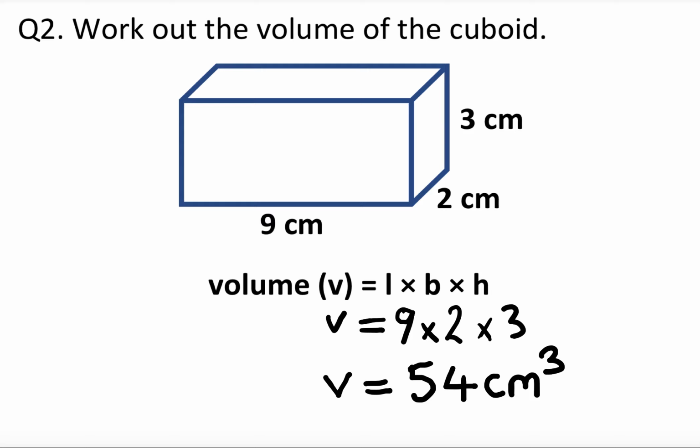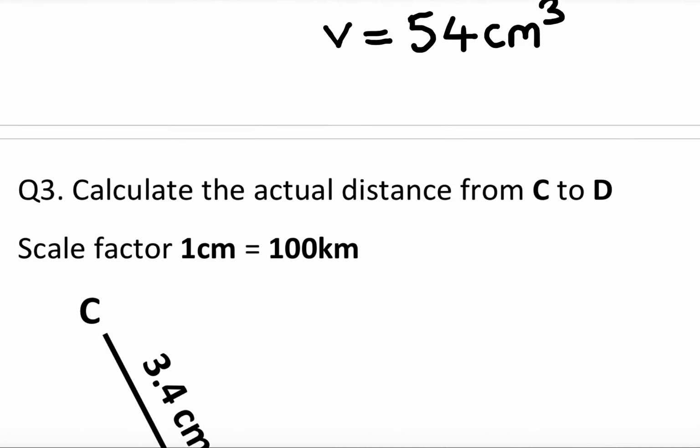So that's it really. Once you know your formula, you can work it out, which is volume equals length times breadth times height, and make sure you put your answer in centimeters cubed. Let's move on to the next question.